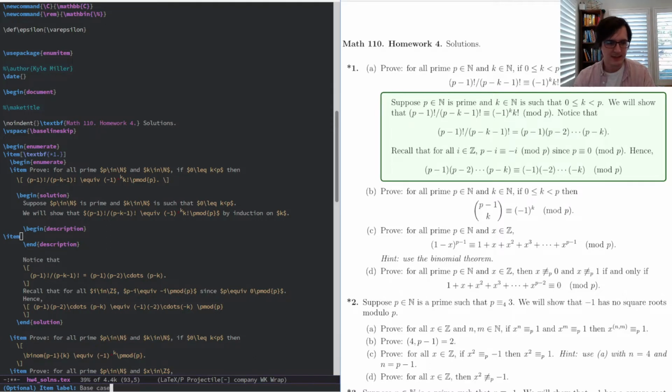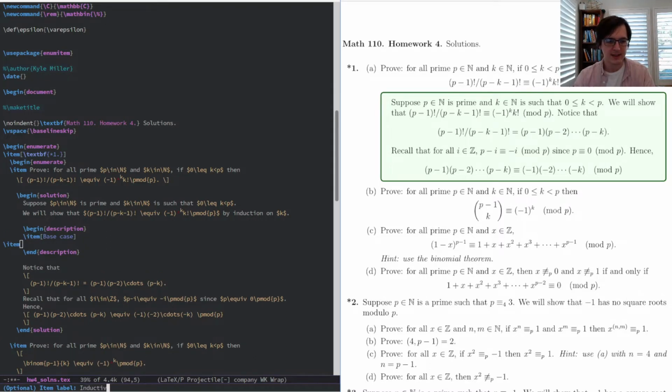Base case and inductive step. Base case, k equals 0. So when k is 0, how do I want to say this? Okay, we have p minus 1 factorial. p minus k minus 1 factorial is 1, right?